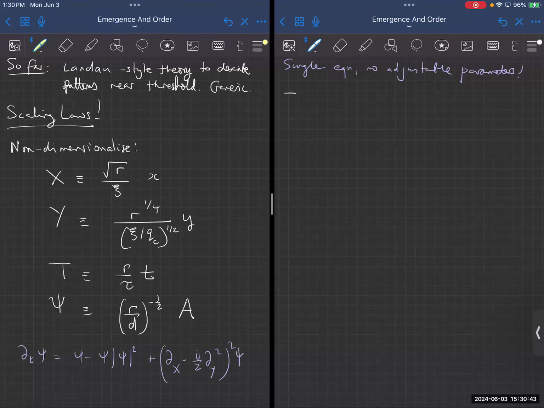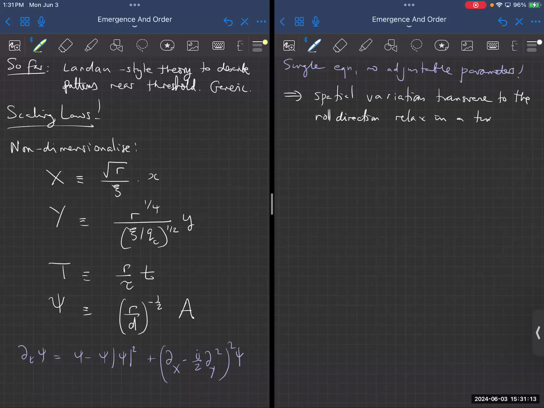So this, for example, implies that if I have spatial variations transverse to the roll direction, they will relax on a length scale which is order unity in my coordinates of x.